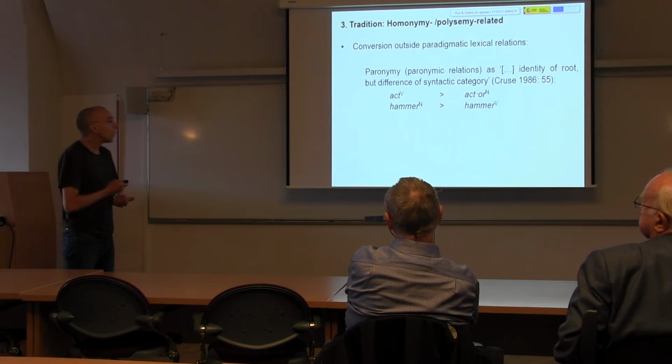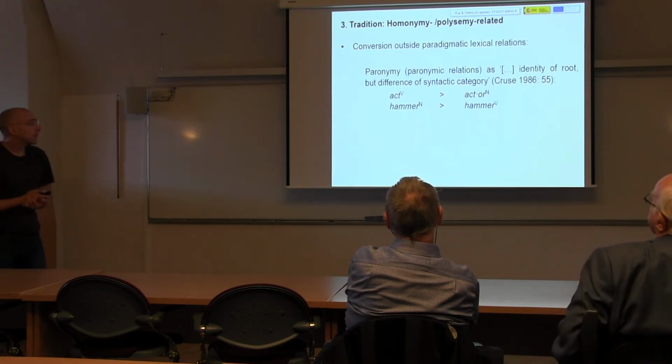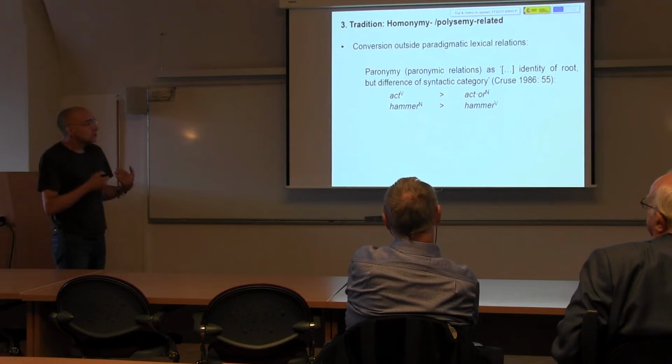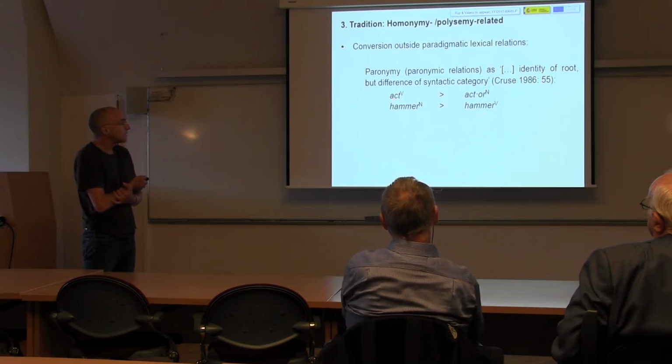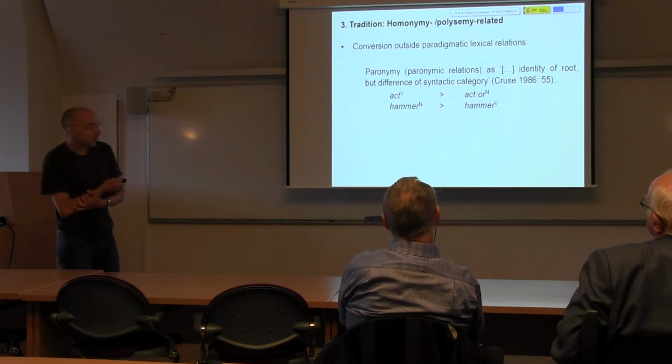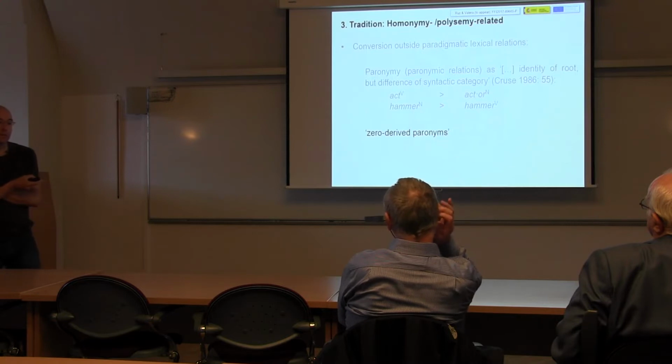I only found one reference, paronymy. Paronymic relations, as described by Cruse, include under themselves cases of conversion, for example, hammer and hammer, also cases that are not conversion. This book by Cruse refers to the cases of conversion as zero-derived paronyms.